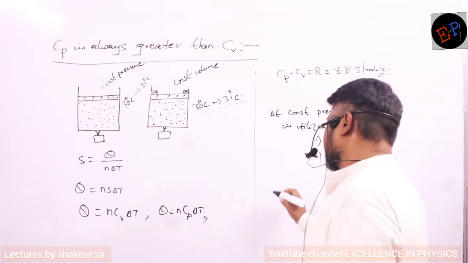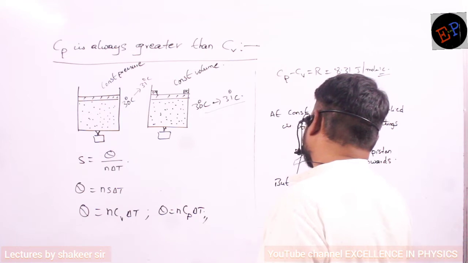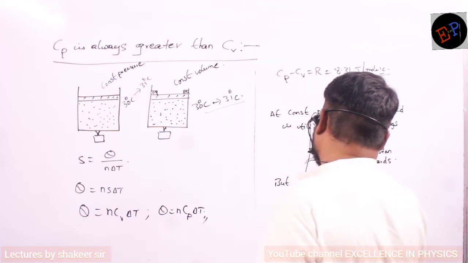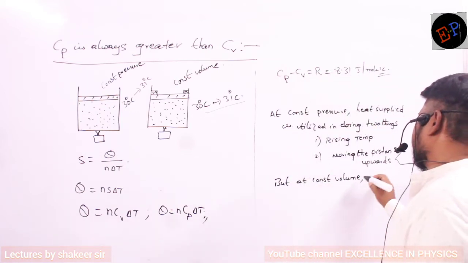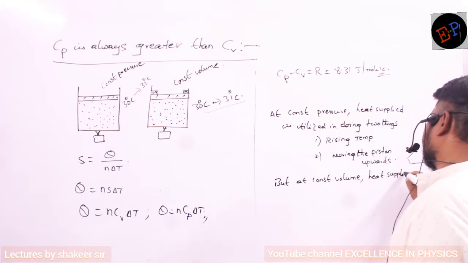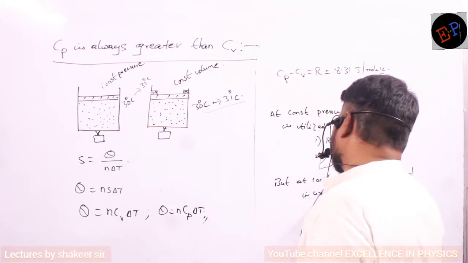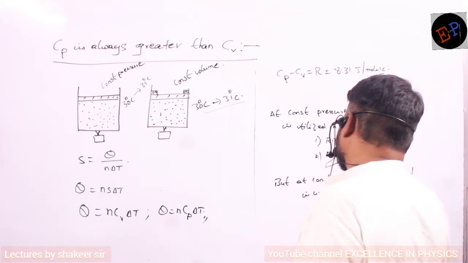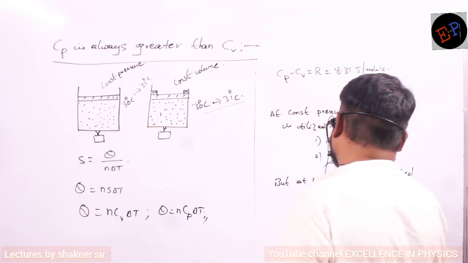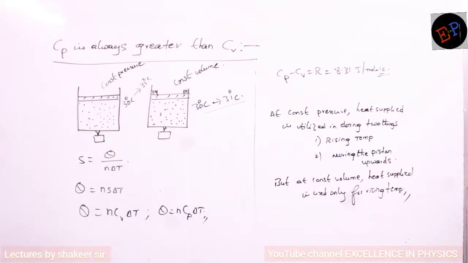Understood? But at constant volume, heat supplied is used only for raising temperature. Therefore definitely Cp is always greater than Cv.